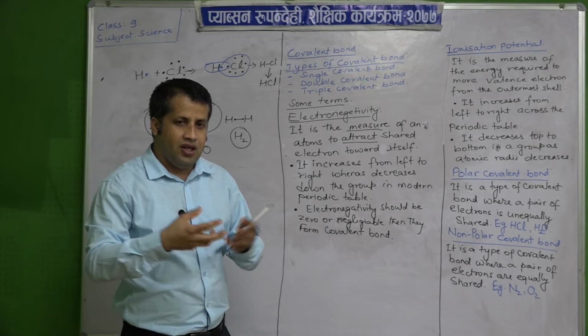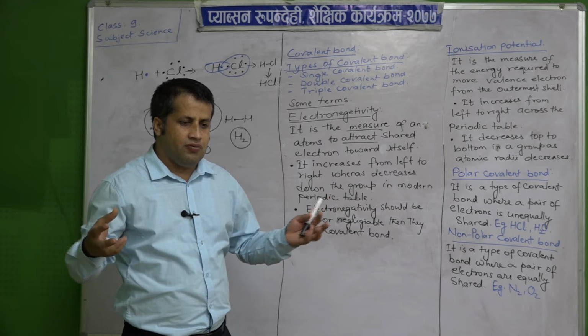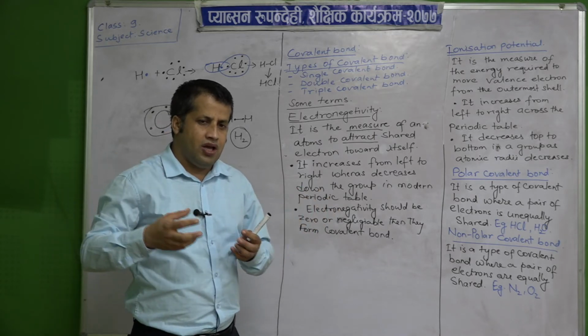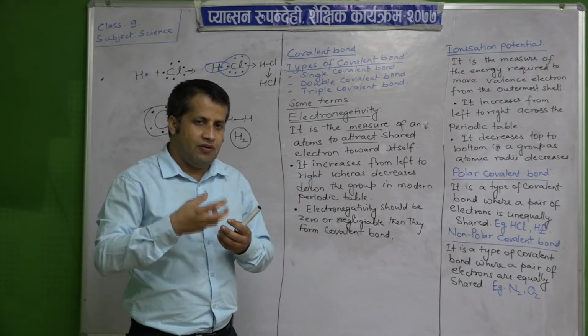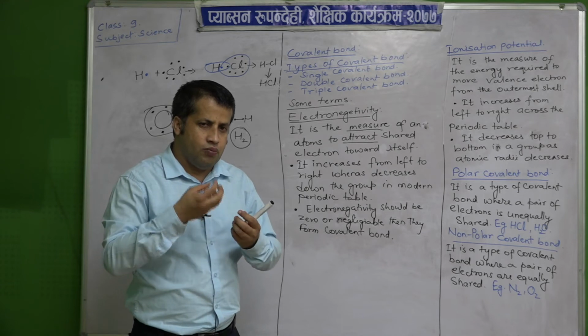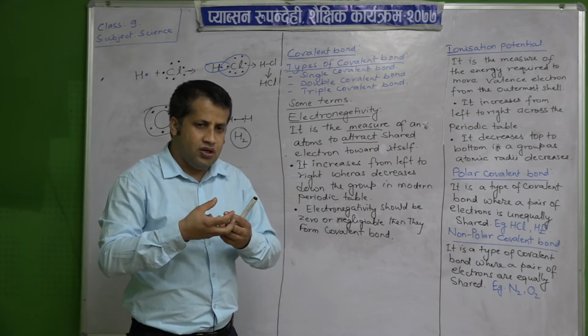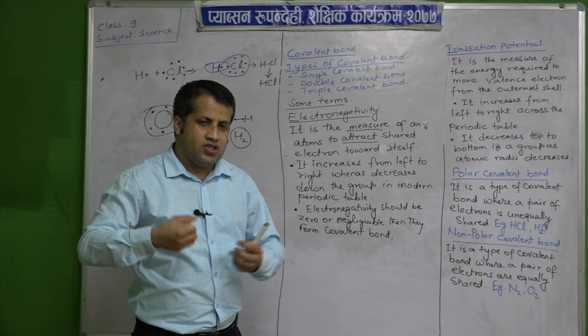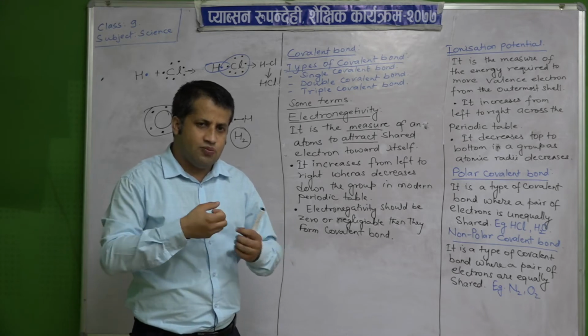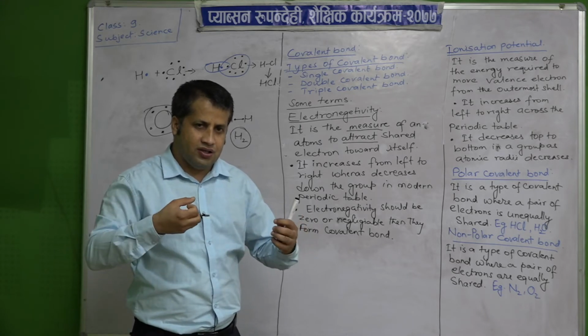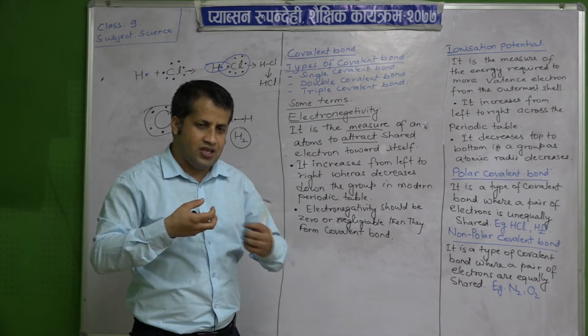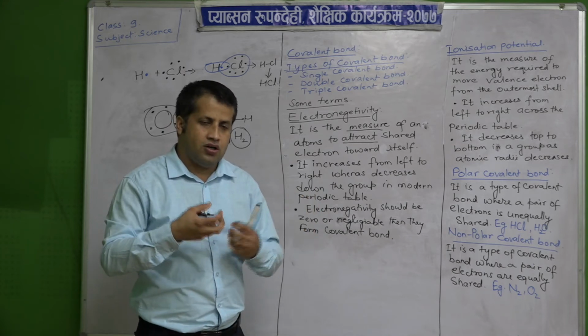For example, if a very big dog and a small dog both have bones and want to share, then the one which is stronger has more capacity to attract the bones towards itself as compared to the weaker or smaller dog.